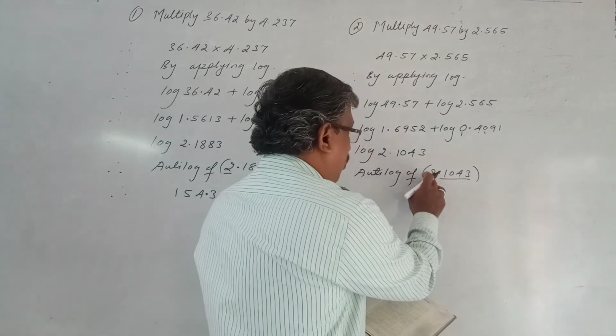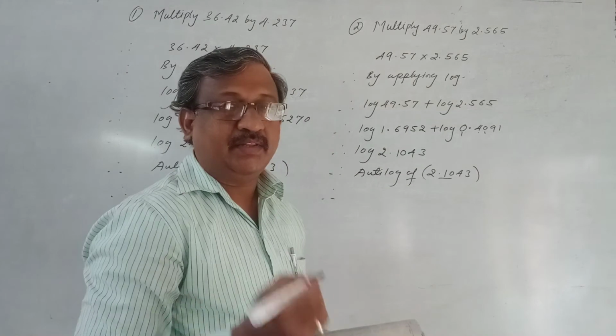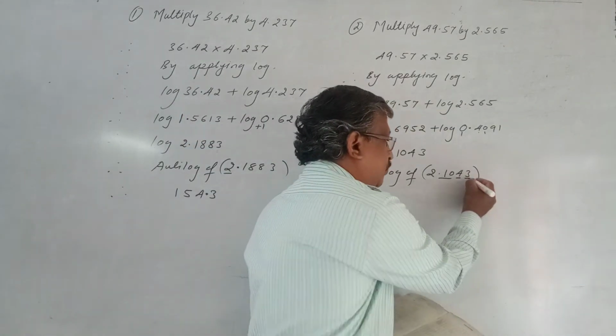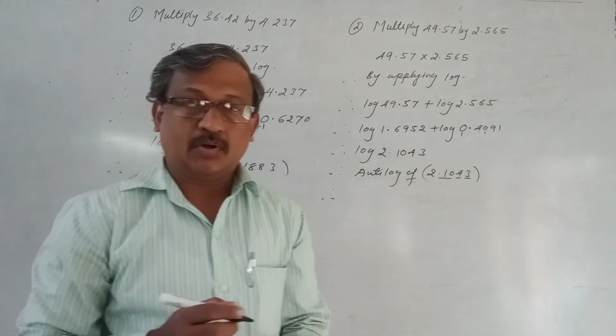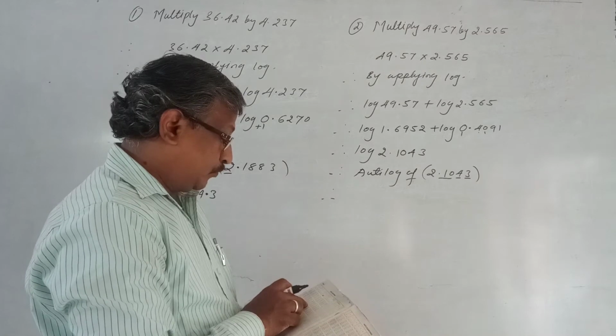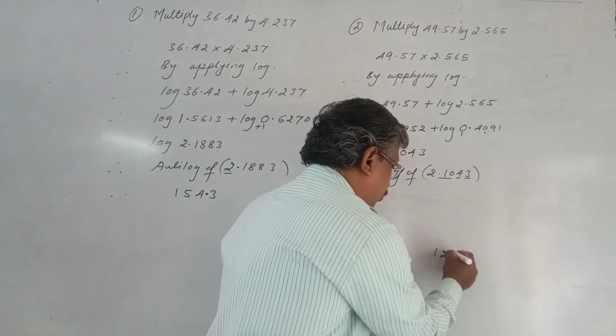So in the anti-log, first you have to see 0.10 in the first column. In the same row you see the fourth column, and in the same row you see mean difference, which column? Third column. So 0.10 fourth column, you will get 1271.